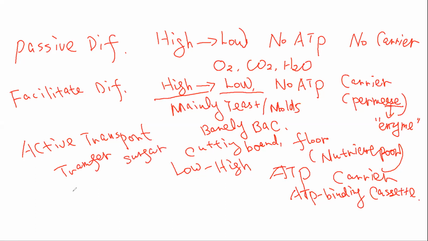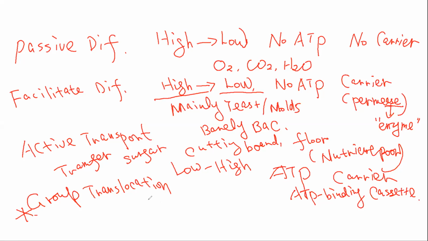But for bacterial cells, more important is what is called group translocation. The last one is actually more important for bacteria. Now, why is group translocation most likely to be used?